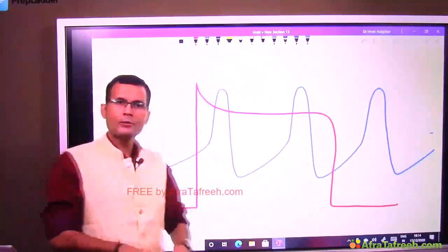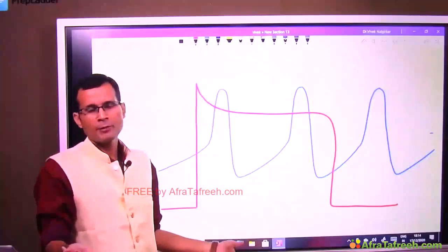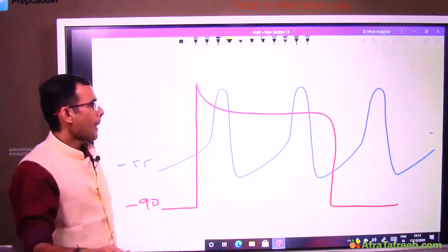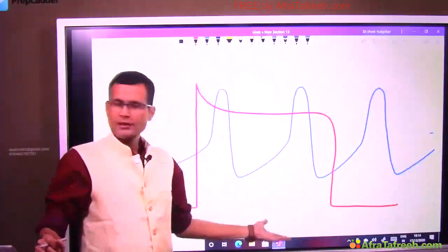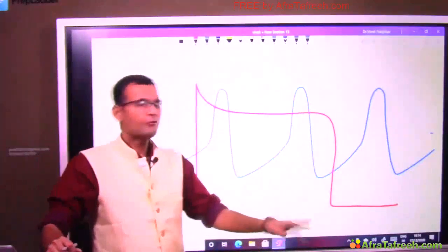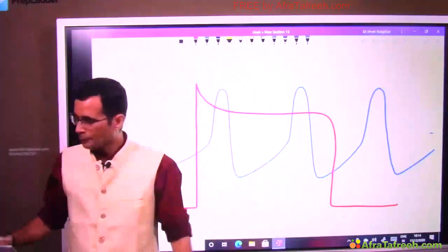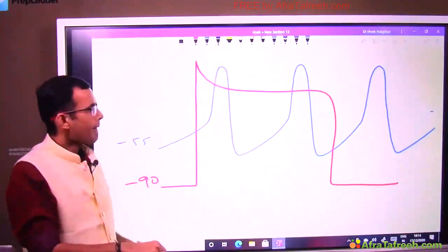So if the SA node excites 80 times per minute, all parts will excite 80 times per minute, and the heart rate will be 80 per minute. But if some other part becomes pacemaker, like in this case the Purkinje fiber, then the heart rate will be 40 times per minute, because that is the natural rhythmicity of the Purkinje fiber. Okay, so that was the first point which I wanted to make.